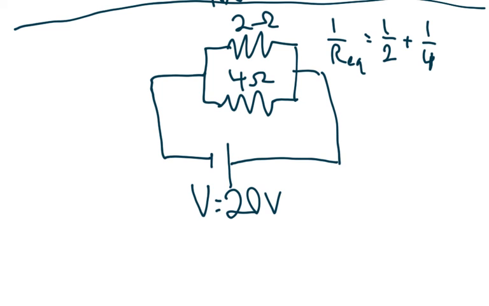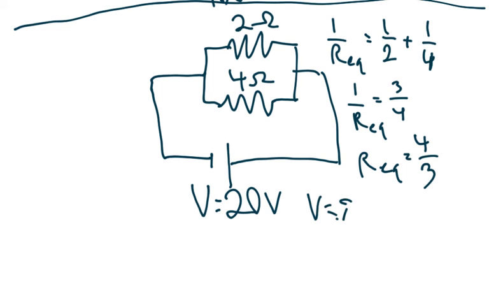And when we get the current, then we can use that to say these 2 currents have to add up to the total current. So 1 over 2 plus 1 over 4 is going to get us 3/4, which again gets us the ugly equivalent resistance of 4/3.